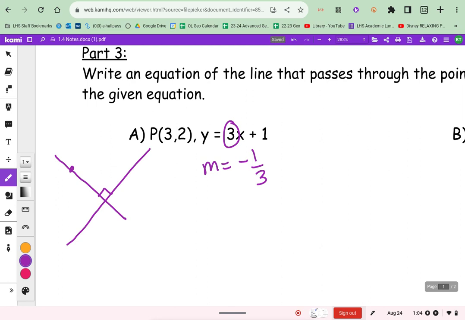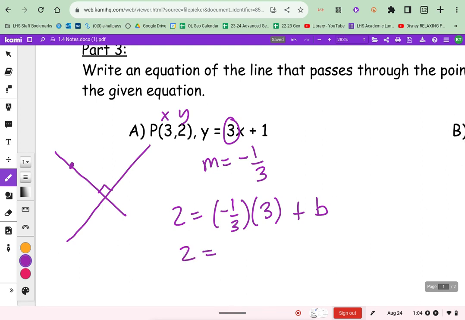Okay. Again, x and y come from your points. And now we plug in to y equals mx plus b. So 2 equals negative 1/3 times 3 plus b. And then we just simplify.